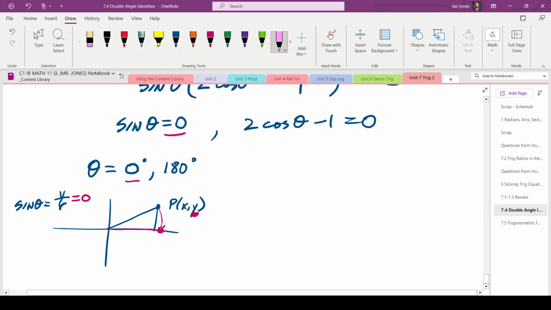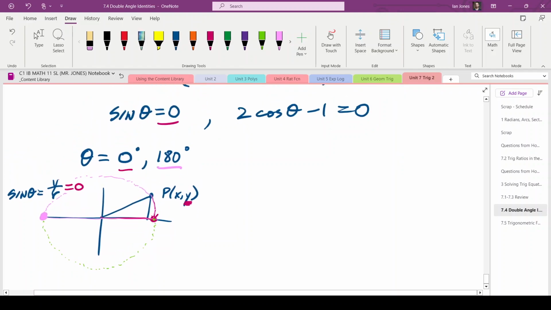And as we go along, y is not 0, y is not 0, y is not 0, but here it is again. Y is 0 at 180 degrees. And then if we go around further, y is negative, it's not 0, until right here, y is 0 again at 360.